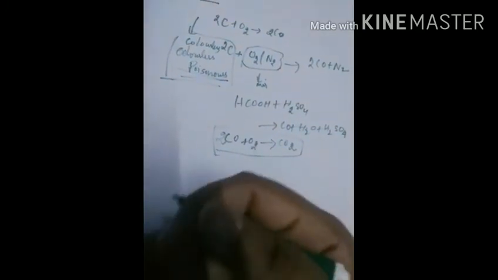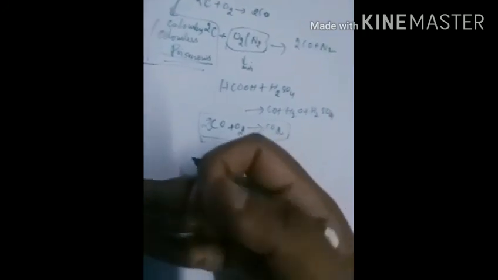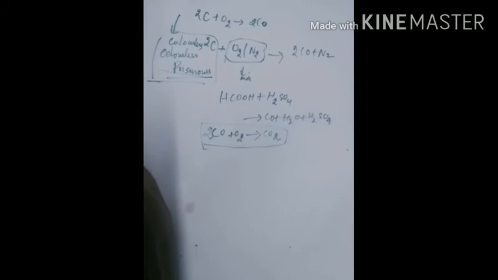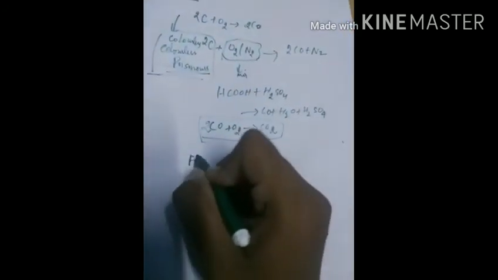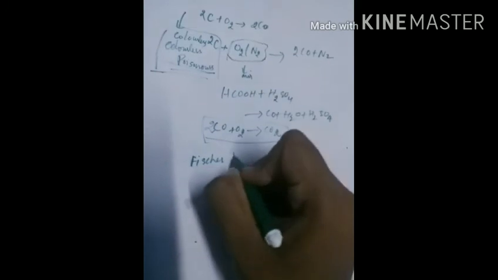The most important reaction of carbon monoxide is with hydrogen, which is called Fischer-Tropsch synthesis.